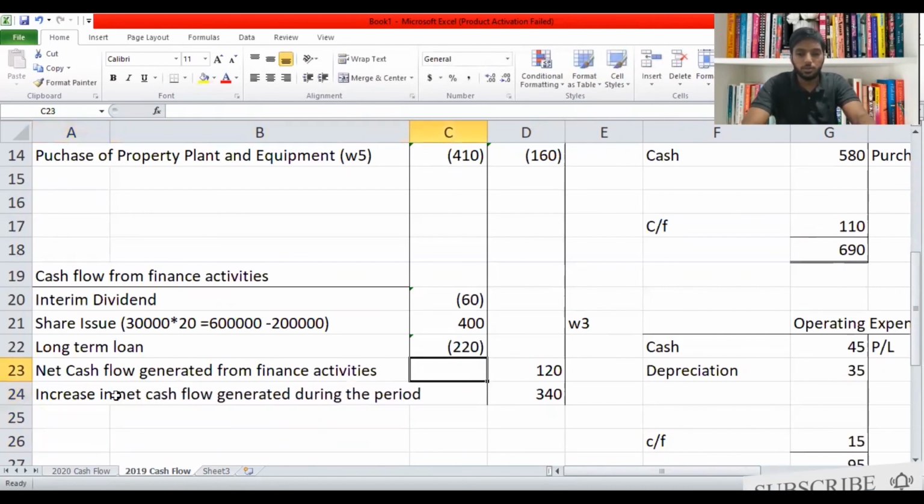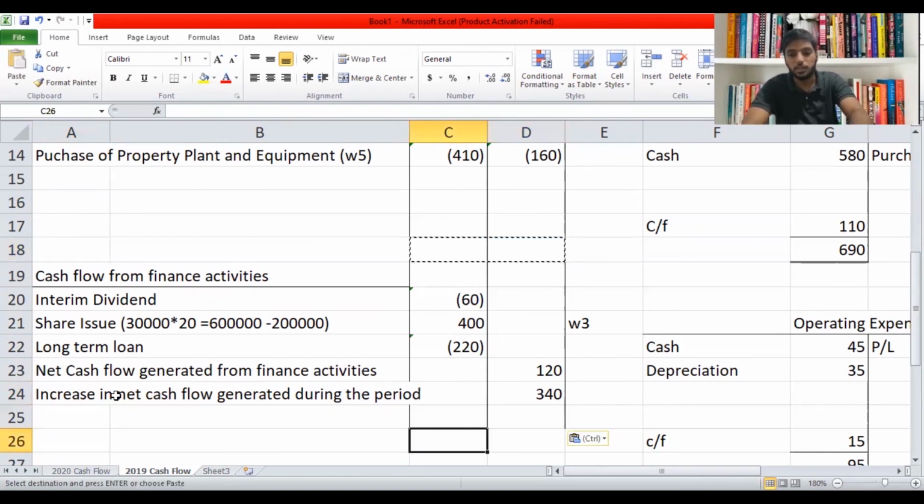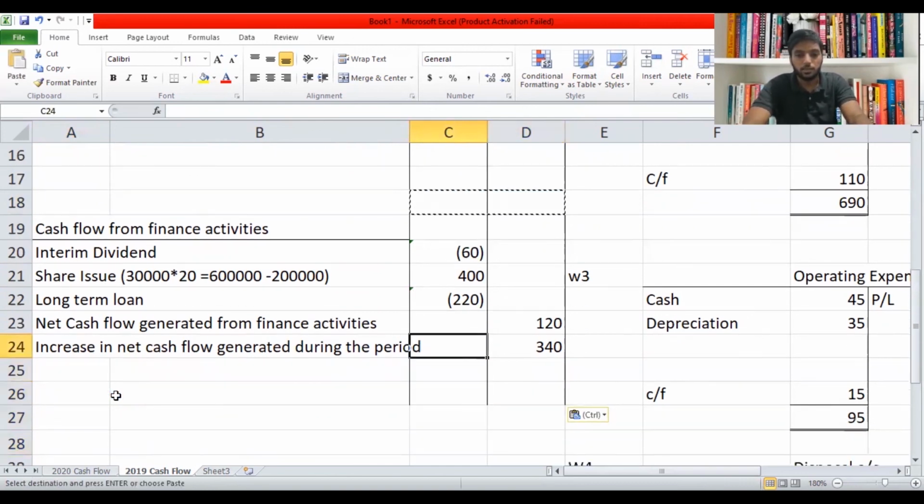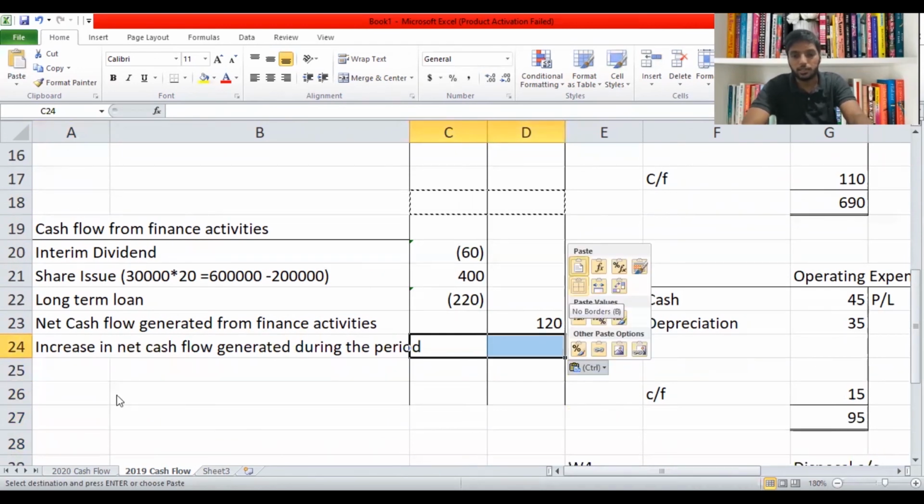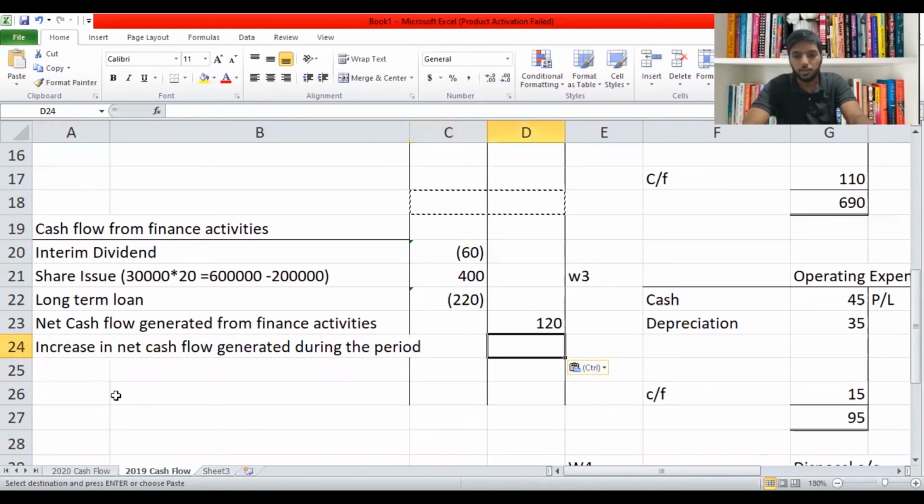Now I'm almost done, but I have one particular thing to do. Cash and cash equivalent. I need to take my final balance and see if my sum is actually correct. So right here, 340. It's a small line, so that's why we have taken the values in this way.